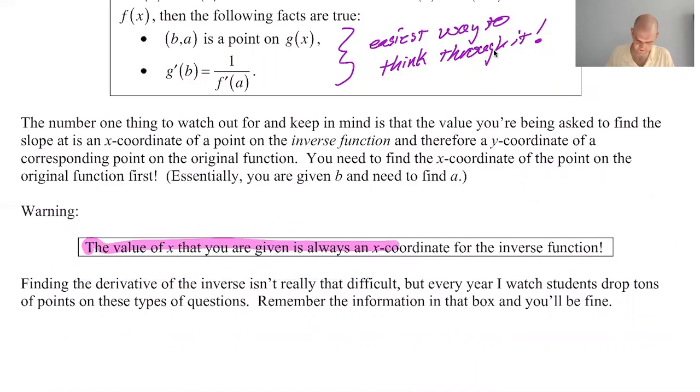So you have to keep that in mind. And since you're given the x coordinate on the inverse, you're really given the y coordinate for the original function. You have to work out the x coordinate for the original function. So if the ordered pair is (a, b) on f of x, you're given b and you need to find a. That's how these work typically.